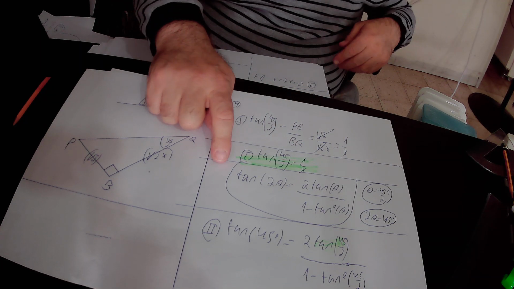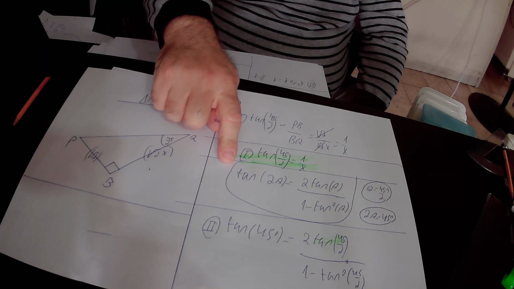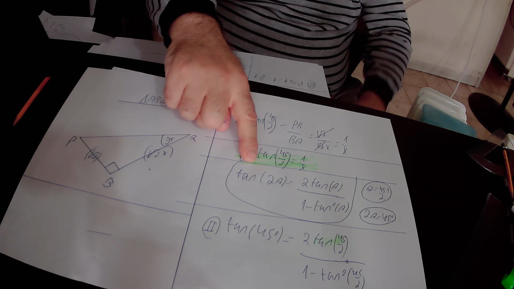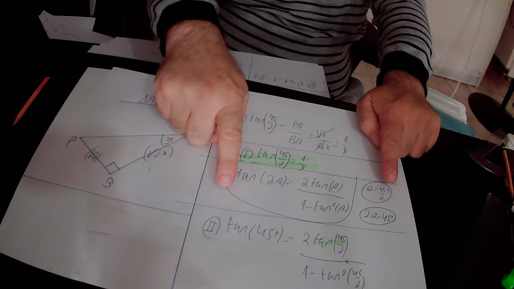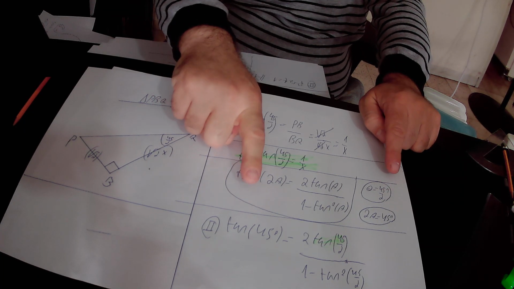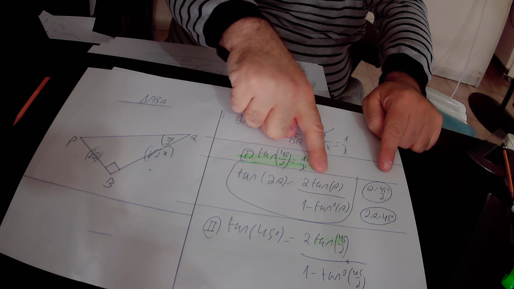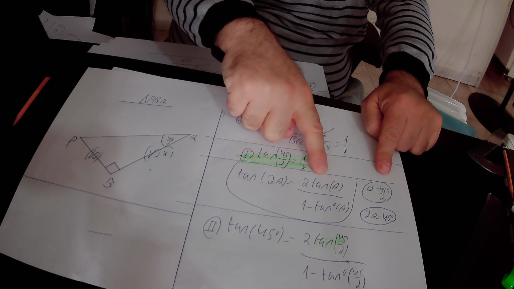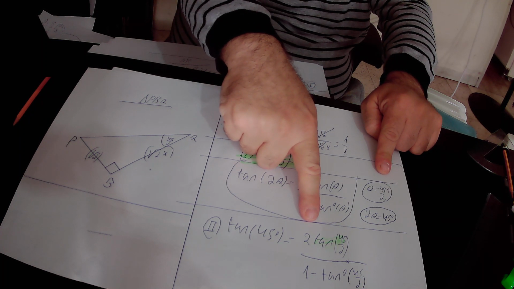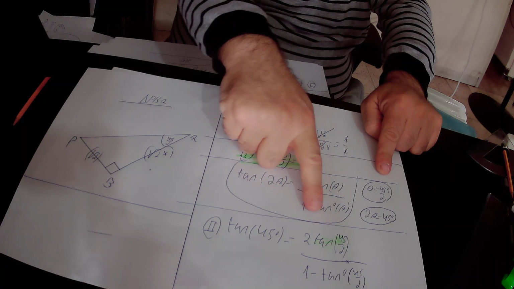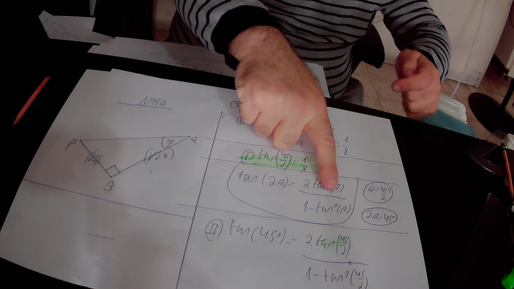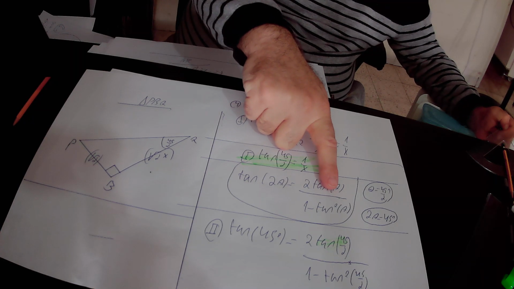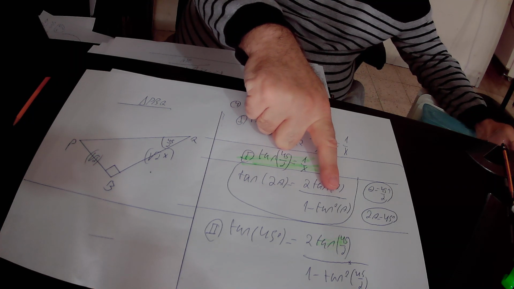And we found out here that tangent 2 theta, which is tangent 45 degrees according to our definition, equals 2 times tangent theta over 1 minus tangent square theta.